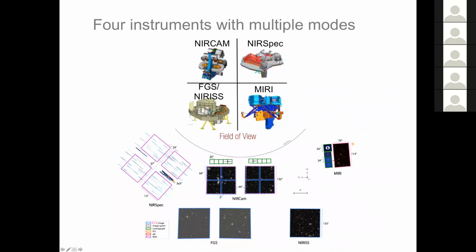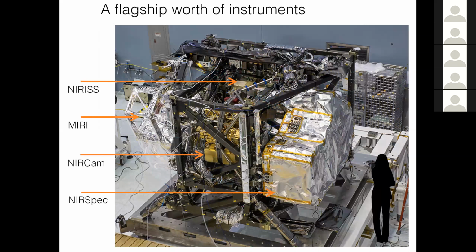But basically, each instrument has its own piece of sky that it can look at. Okay, so this is how this hardware looks before it was actually put behind the telescope. That gives you an idea of the scale of these instruments. They're now fully integrated and functional.